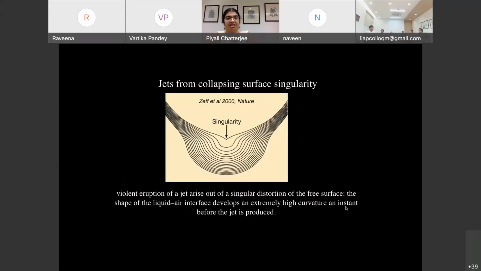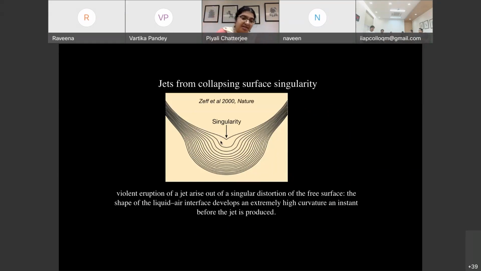Now, the formation of these jets is a very interesting phenomenon that has been studied. This is known as collapsing surface singularities. There's a really nice paper in Nature two decades ago, where they tried to explain why these jets are forming. Because of these surface gravity waves, the surface gets distorted in different ways.